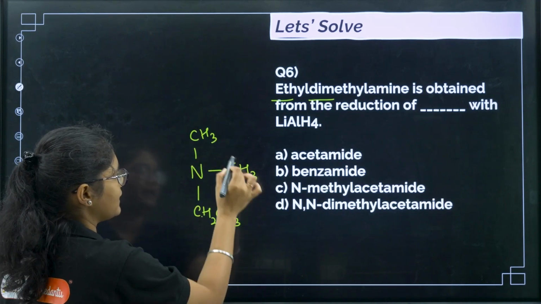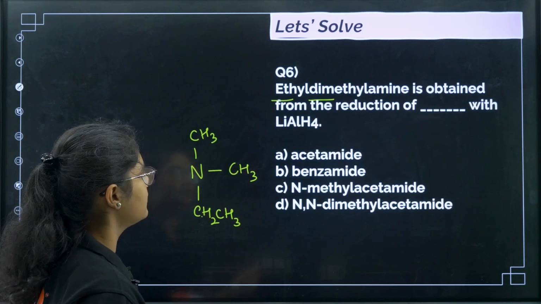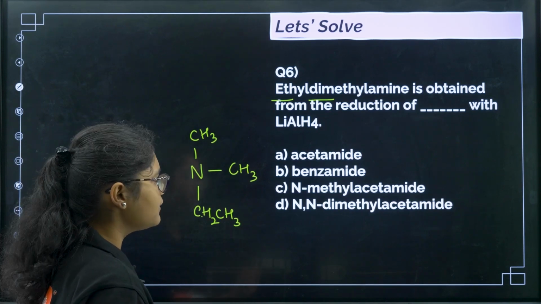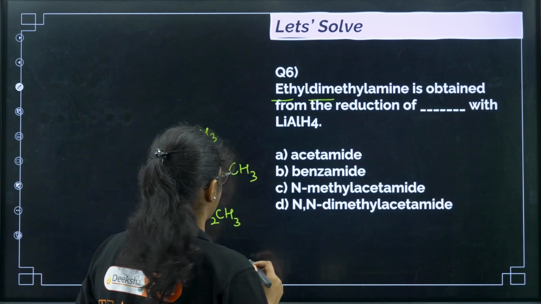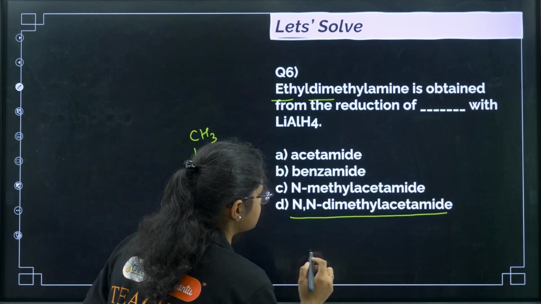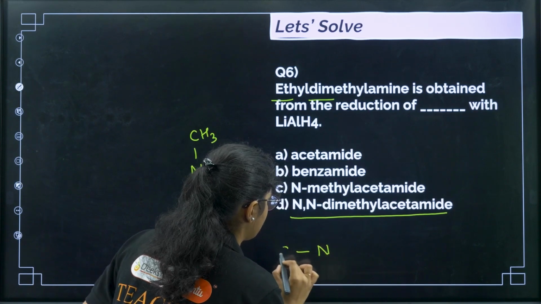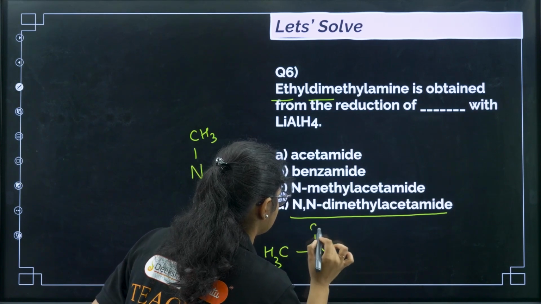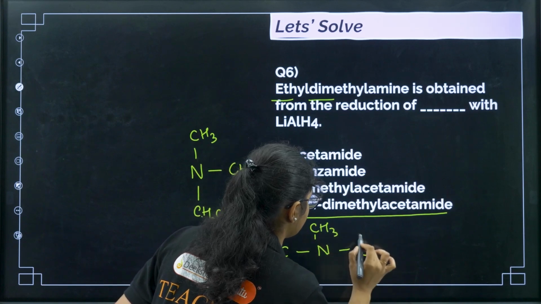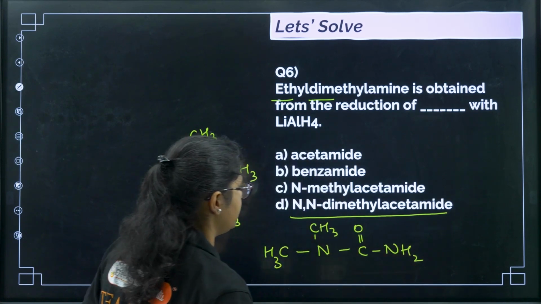Now this can be produced by the reduction of A with LiAlH4. So if you see, we have N,N-dimethylacetamide. If I have this compound, that means you have N,N-dimethyl, CH3 CH3, acetamide, CONH2, right?